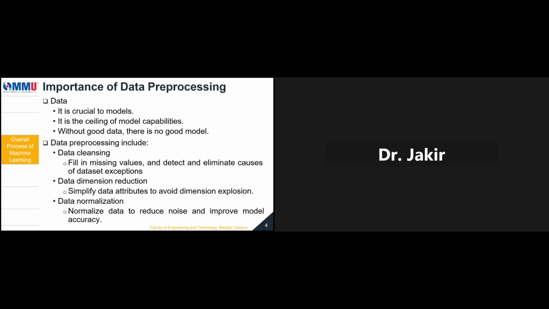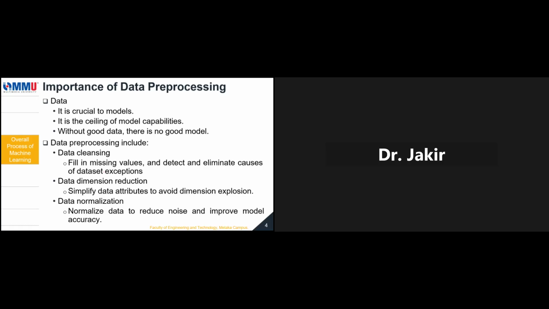Without quality data, it is impossible to create a good model. Data pre-processing is an important part to qualify the data, or to get quality data. Data pre-processing mainly includes three parts.